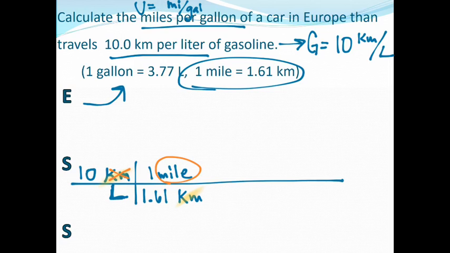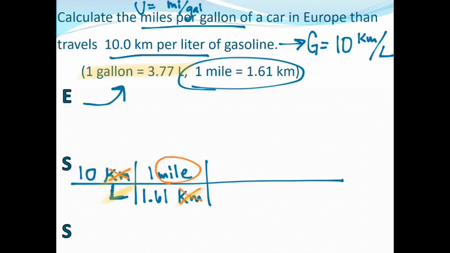Our kilometers are gone. And now I'm going to move on to trying to cancel out the liters and get gallons. And I'm just going to leave miles here. I'm not trying to cancel it out or do anything with it. I'm done with it, and it's staying right there. So I'm now completely focused on these liters. And I want to use this equation to cancel out the liters that I have and get gallons.